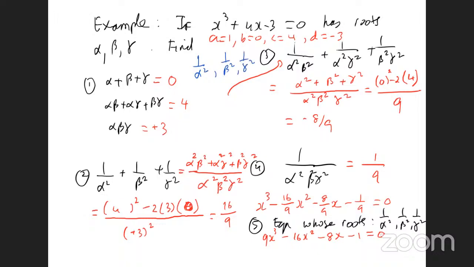To get it pairwise, you pair them up: one on alpha squared beta squared, plus this by this, plus this by this. That's the pairwise sum.